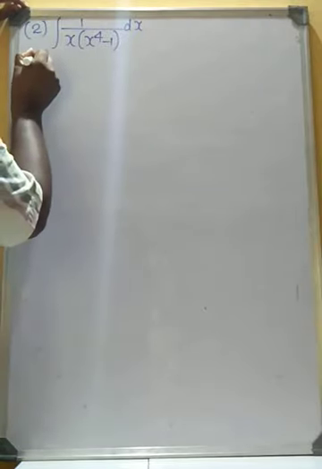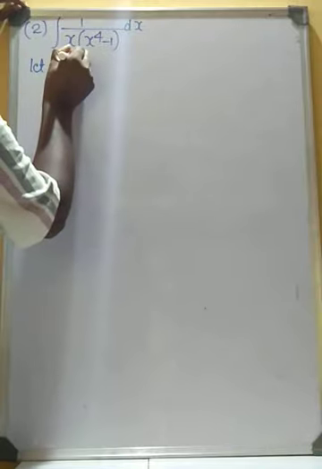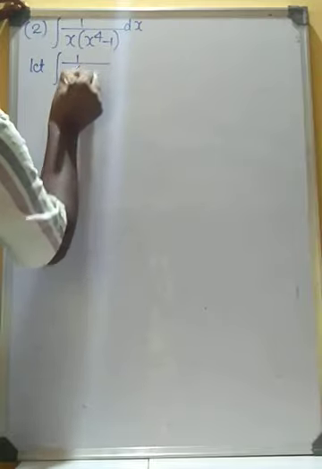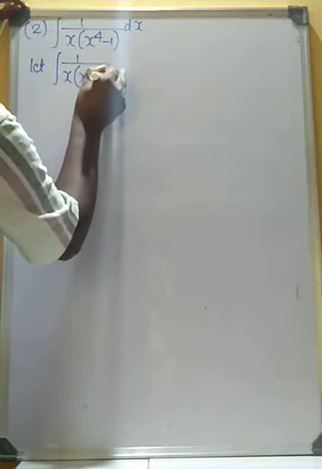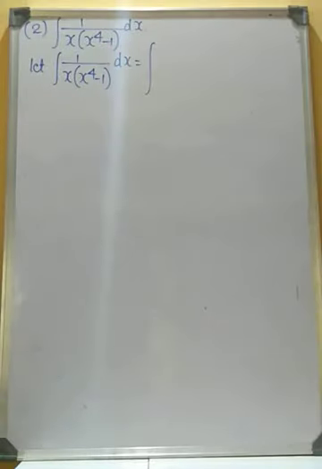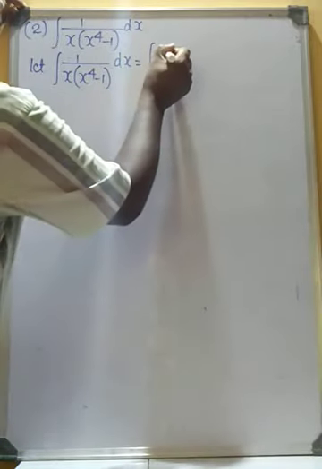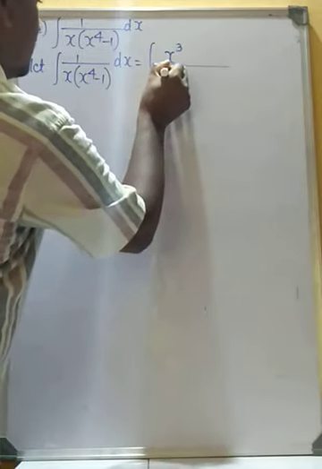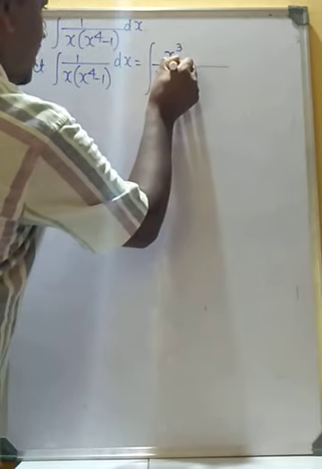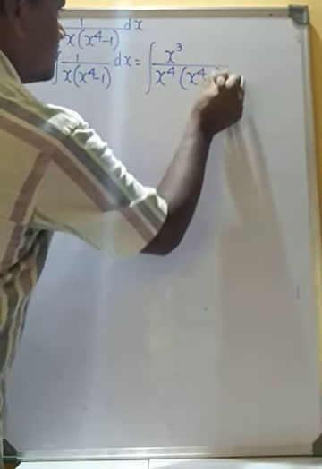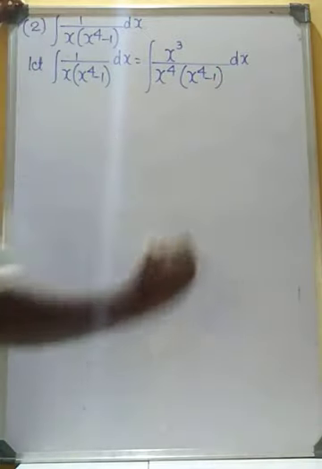So let the integral of 1 divided by x into x to the power of 4 minus 1 into dx equal the integral of, now multiplying and dividing by x cube. Here multiplying by x cube, and dividing x into x cube is x to the power of 4 into x to the power of 4 minus 1 into dx.